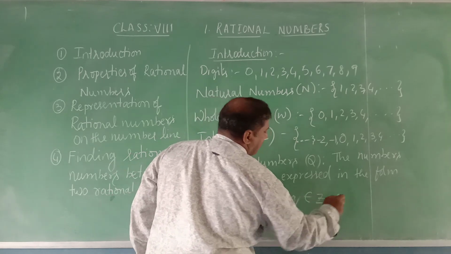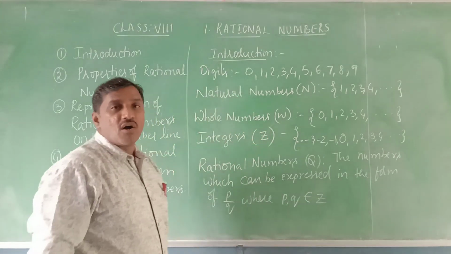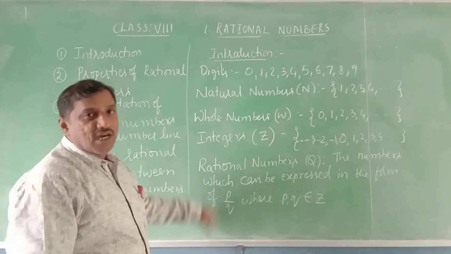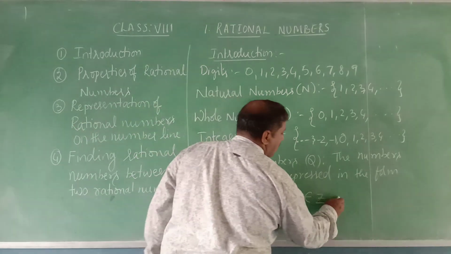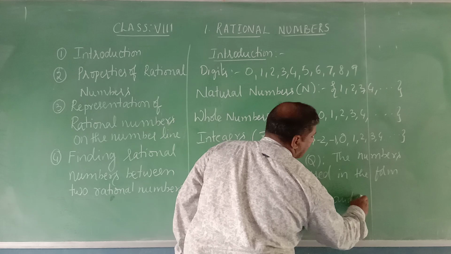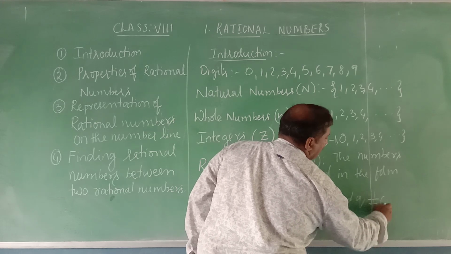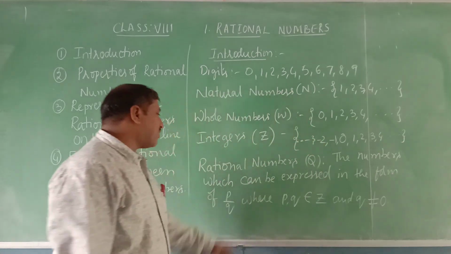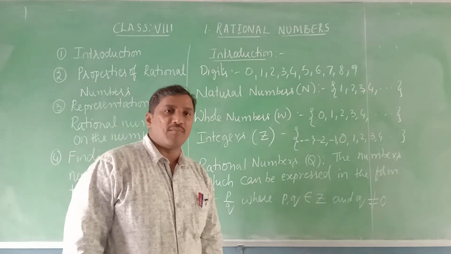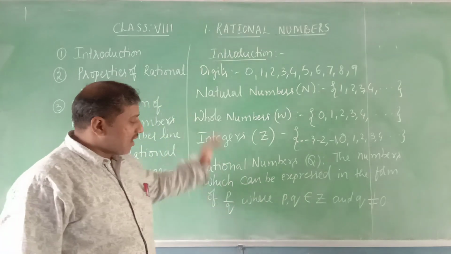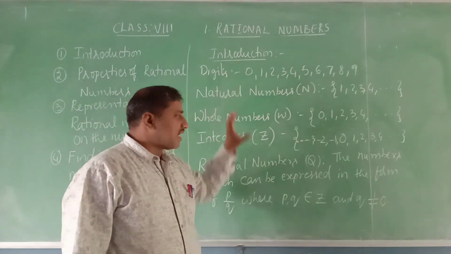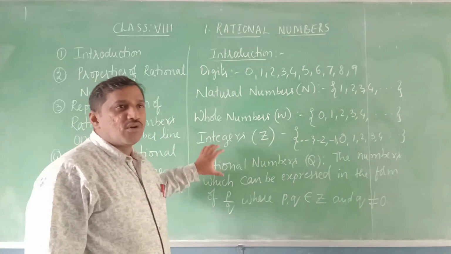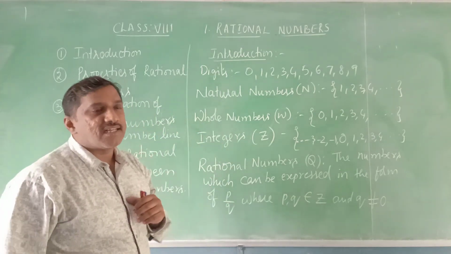They belong to integers; this is the symbol 'belongs to'. So p and q both are integers and q is not equal to 0. Such numbers are known as rational numbers, and we have studied in detail about the rational numbers in class 7th.